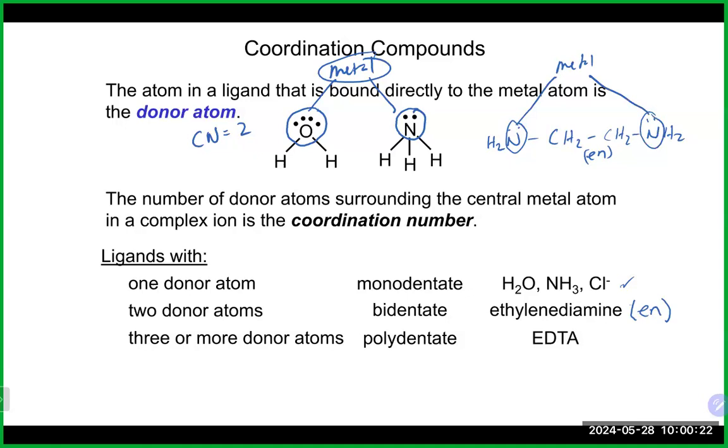So if you had two of these, for example, each one would also be able to attach to the metal through both of these nitrogens. So in this particular case, the coordination number would be 4, as we have 4 attachment points to the metal.